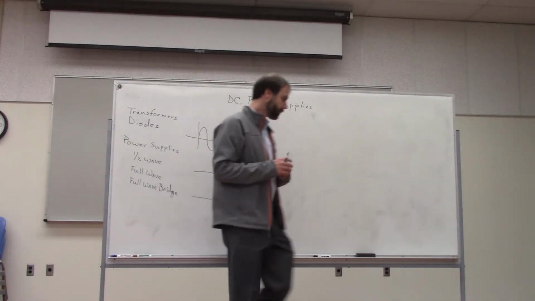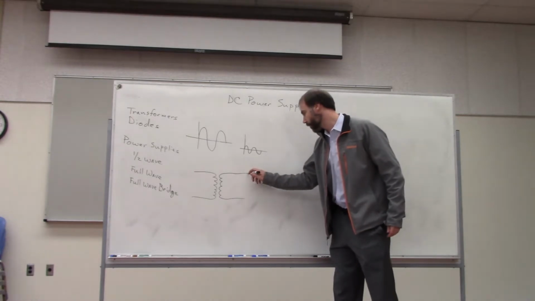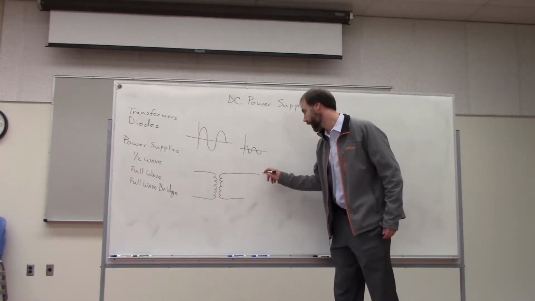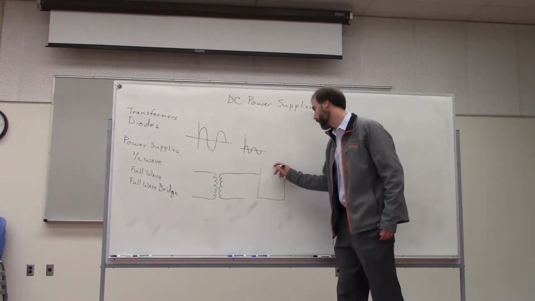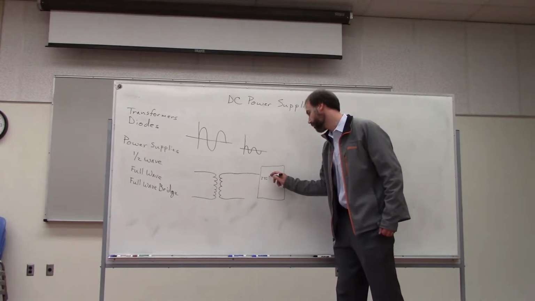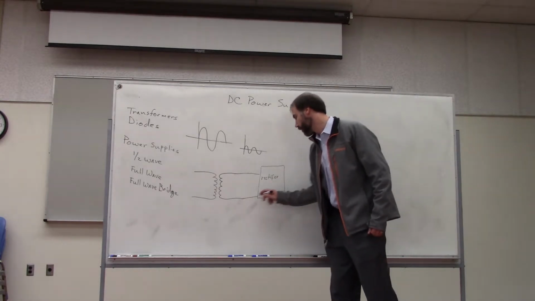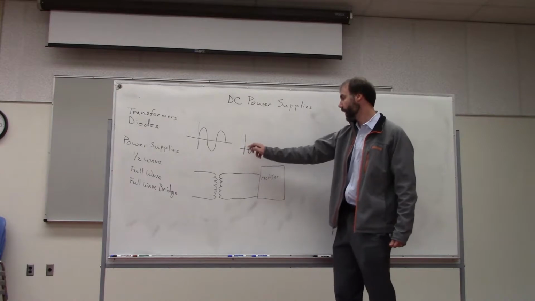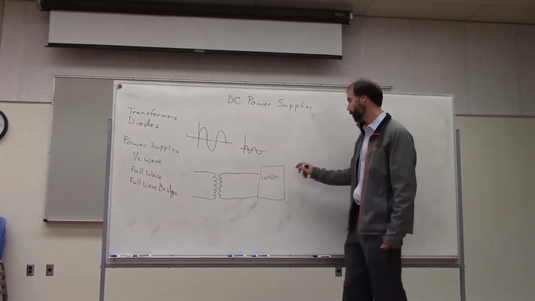Then the next part is that we use something called a rectifier. A rectifier throws away, or basically turns the signal into a signal that is only positive. Okay, so right now we have a signal which has both positive and negative components.